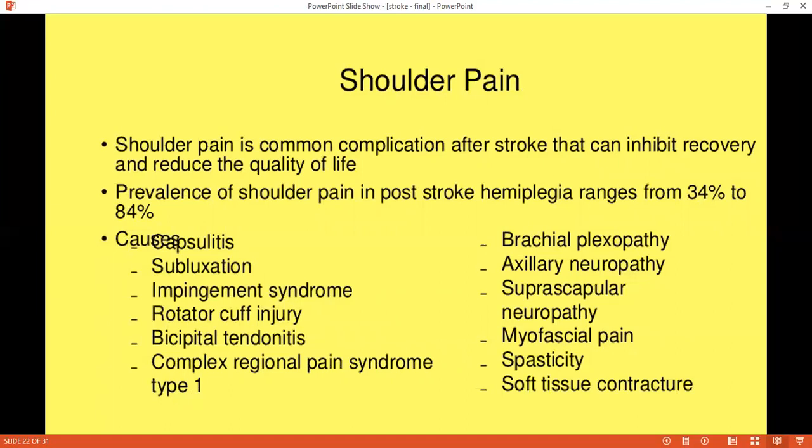Shoulder pain is prevalent in post-stroke hemiplegia, and will be handled through a shoulder sling or humeral cuff. These two applications help to minimize the pain. Along with this we can provide TENS, transcutaneous electrical nerve stimulation, which will help to reduce the pain, especially in the hemiplegic shoulder.